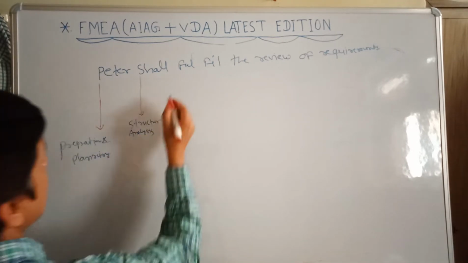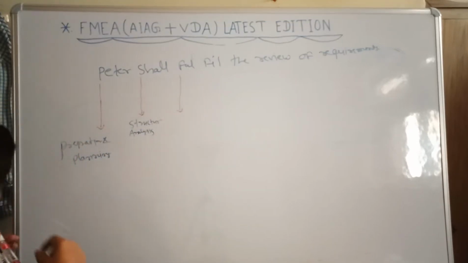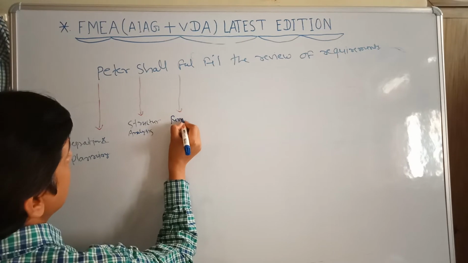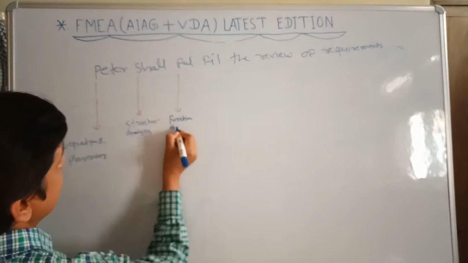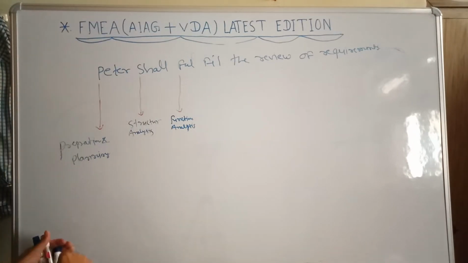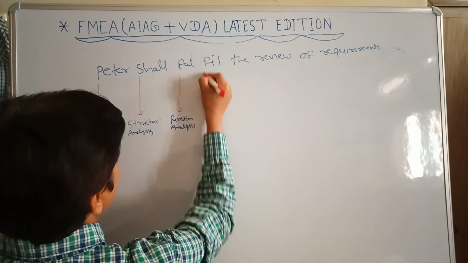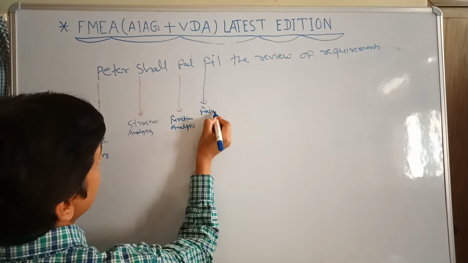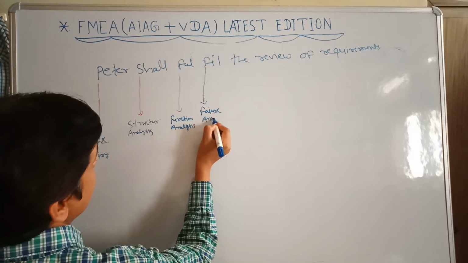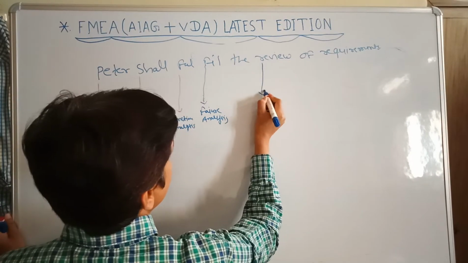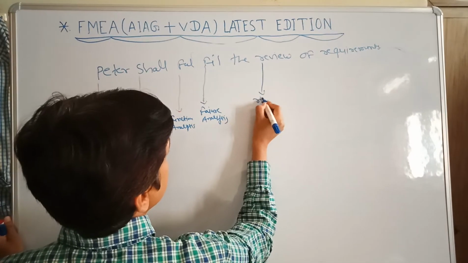F, fulfill, defines the function analysis. The next F defines the failure analysis. And review defines the risk analysis.